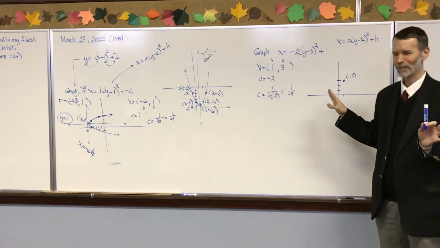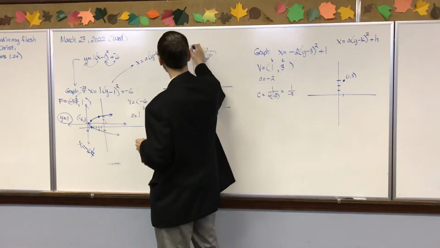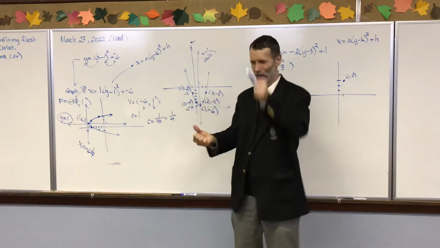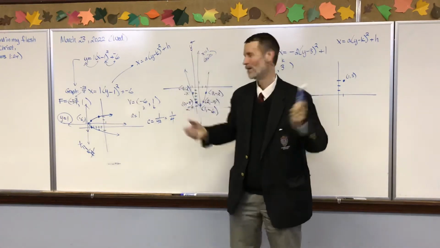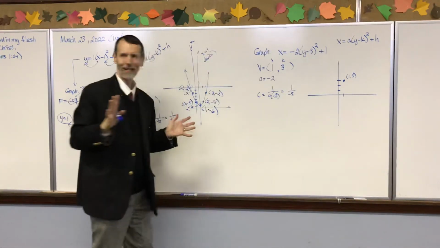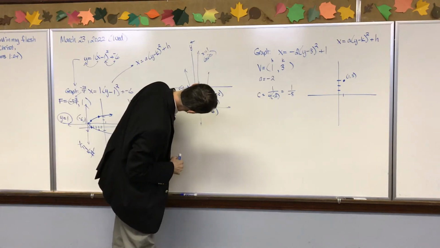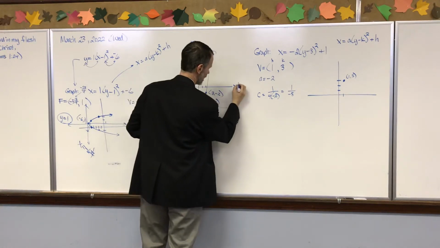Here's the trick though. Does everybody agree that y is positive when you go up? Like we draw our graphs that way. We orient them on our paper so that the y positive is going up. I want you kind of like in your head to look at it like this. If you tilt your head to the right, this is x positive.